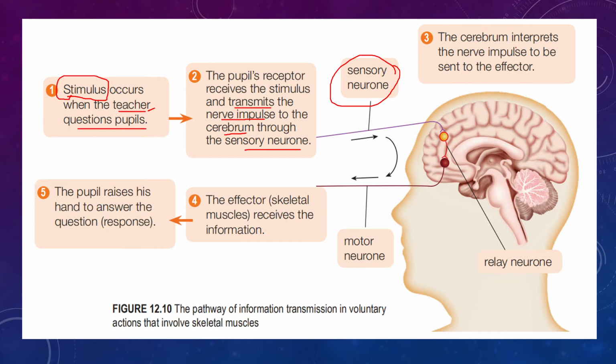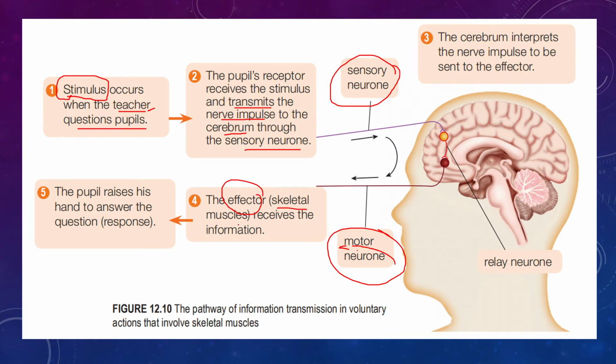The cerebrum is going to interpret the nerve impulse and send it to the relay neuron, and then after being interpreted, it is going to send it to the subsequent motor neuron. Remember the function of the motor neuron, that it carries these impulses that have been triggered after interpretation from the central nervous system, and that is the brain, to the effector.